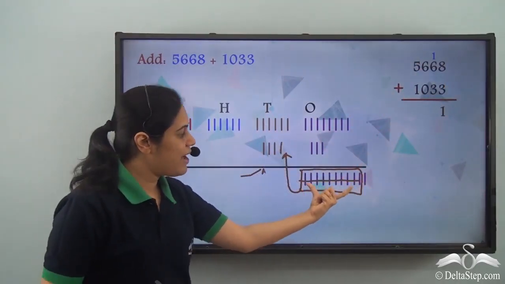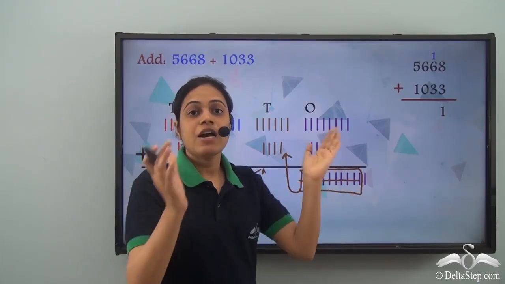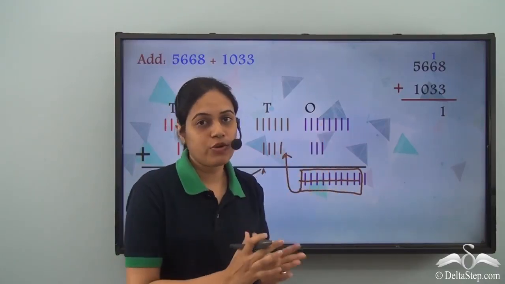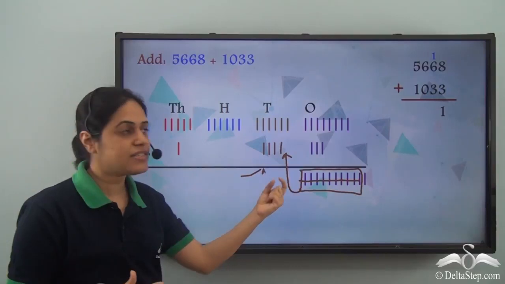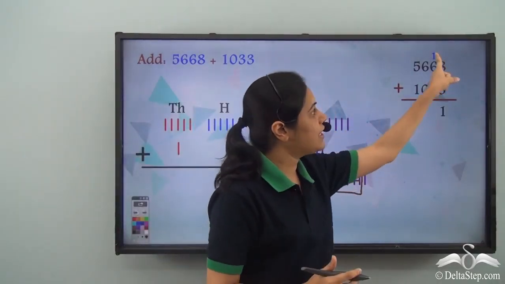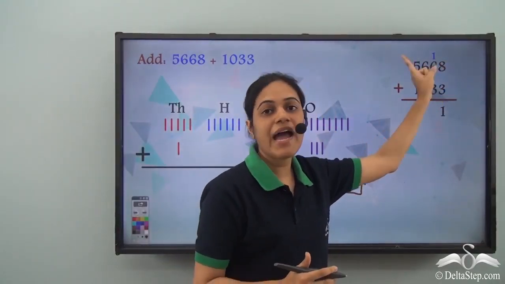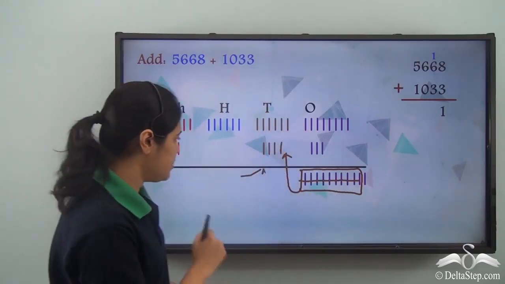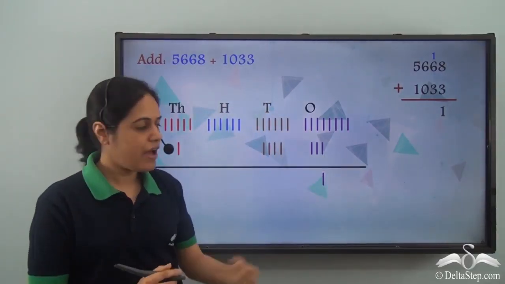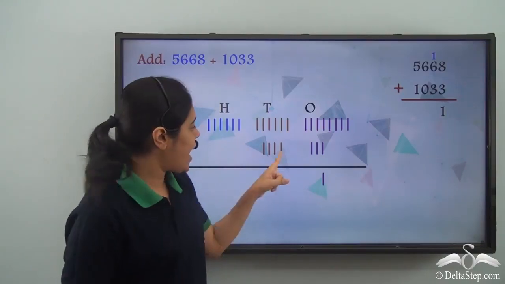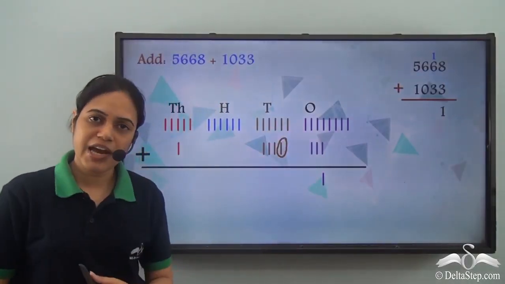This is the same as these 10 ones grouping together and shifting to the tens place. That is why I am taking this one tens over here and carrying it to the tens place. So this is what I have. I am left with 1 here. And there is another one. This is actually the carry one which I have.